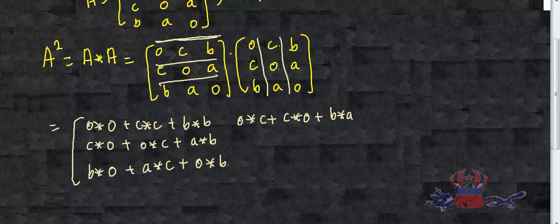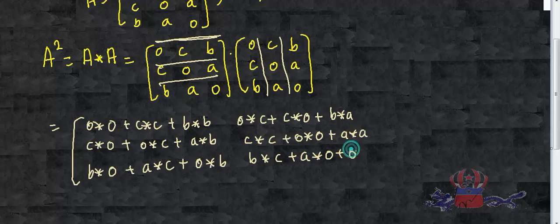Next, second row with the second column, C multiplied with C plus 0 multiplied with 0 plus A multiplied with A. Third row with the second column, B multiplied with C plus A multiplied with 0 plus 0 multiplied with A. Now the first row with the last column, 0 multiplied with B plus C multiplied with A plus B multiplied with 0.